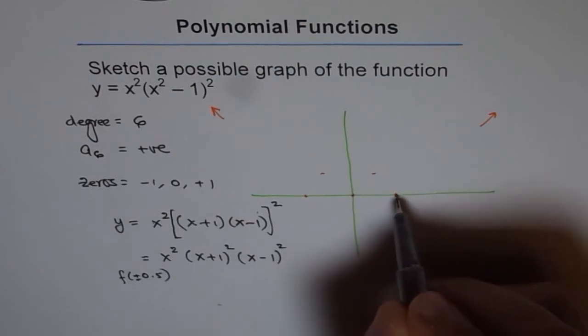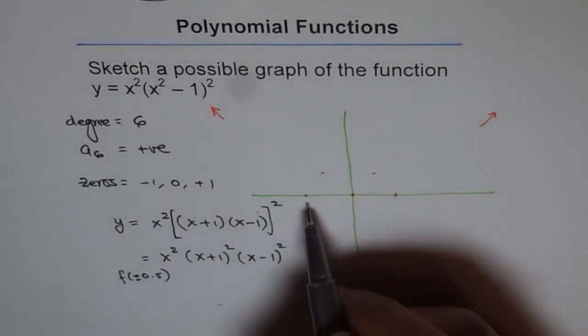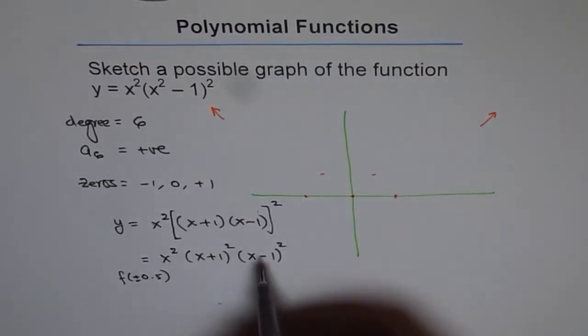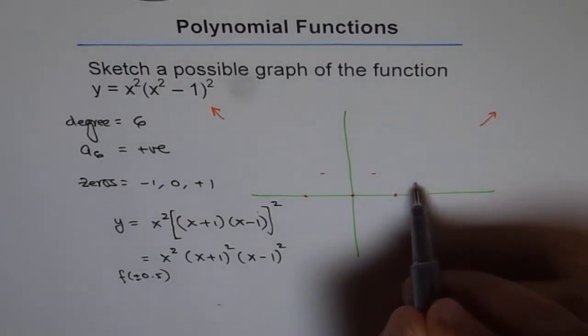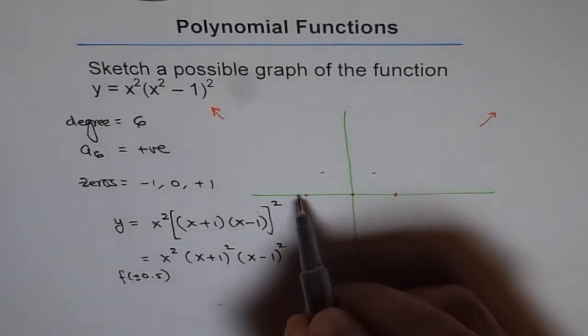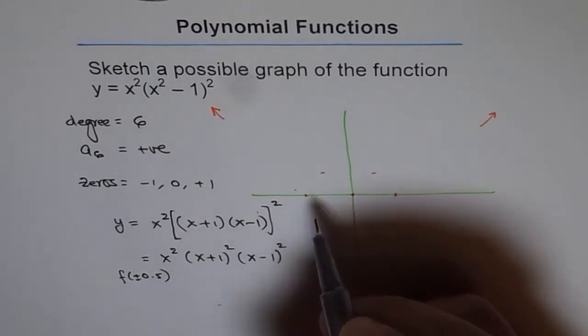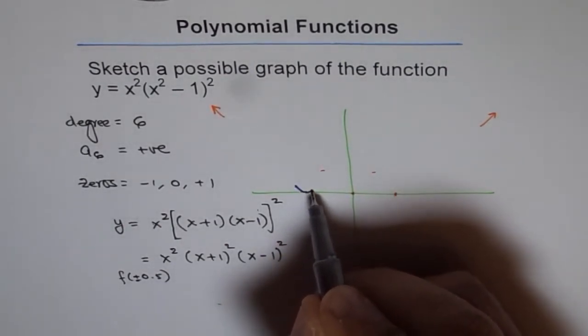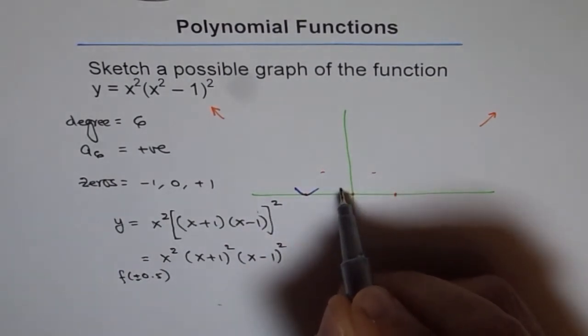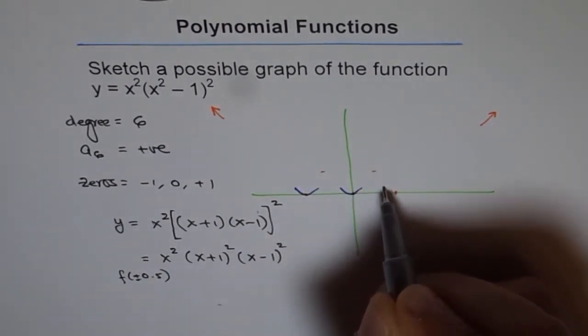So these are our turning points. Since the multiplicity of each zero is 2, if you move from left to right, you turn at every zero. You don't cross, you turn like this. So the graph will be kind of like this. These are your zeros.